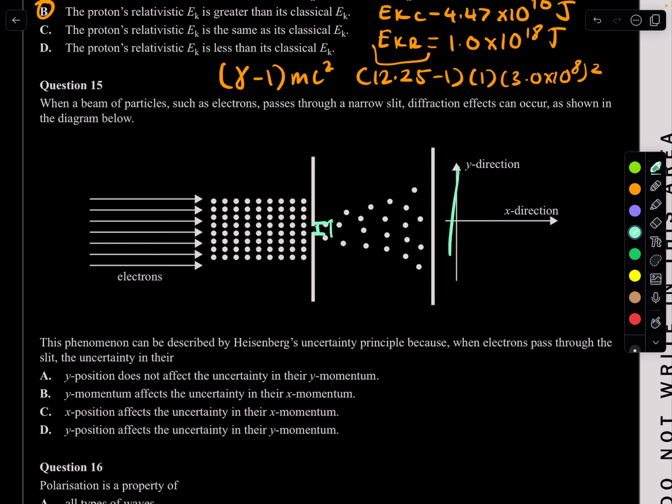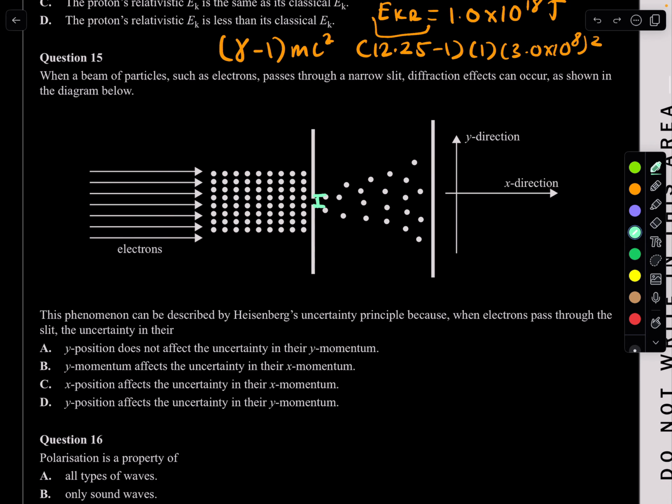You can see how that slit is in that y direction. Can we be 100% sure that all of these electrons will pass through that slit? That's where we have uncertainty. And so we have uncertainty in that y direction in this case. So we have uncertainty in the position of y.